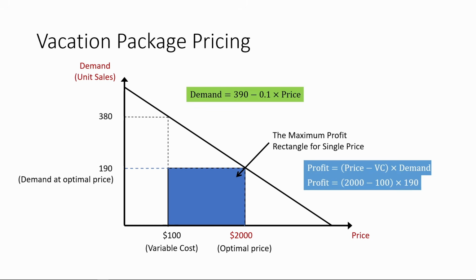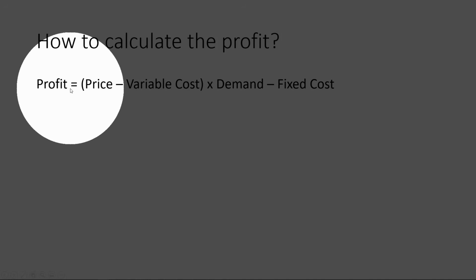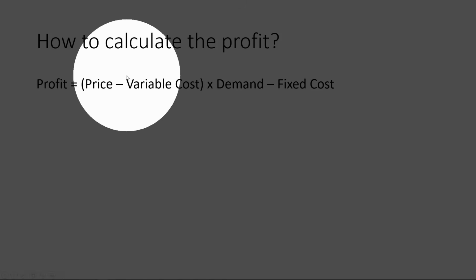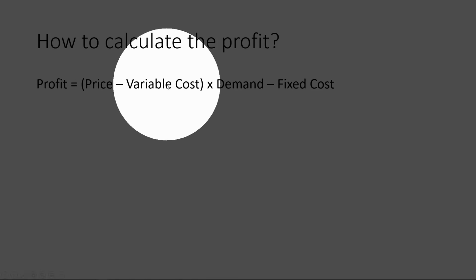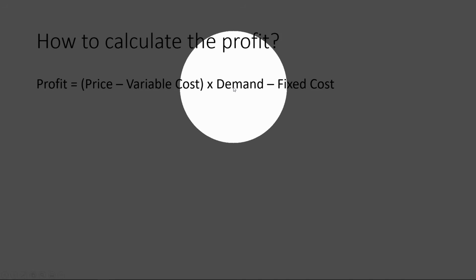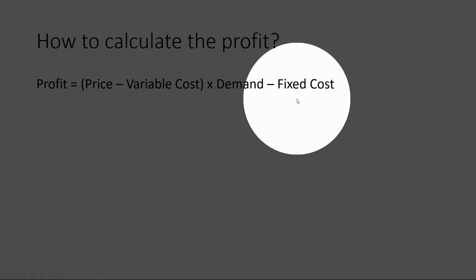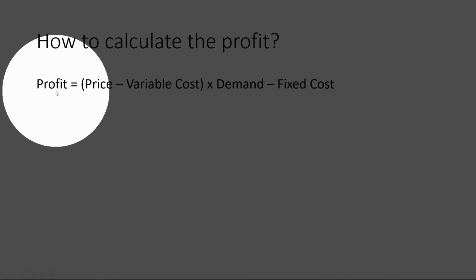Now let's come back to how the profit is calculated. The formula, as we have just shown, is that profit equals price minus the variable cost. That gives us the profit margin. The profit margin times the demand gives us the total contribution. If we deduct the fixed cost from that total contribution, we get the net profit.